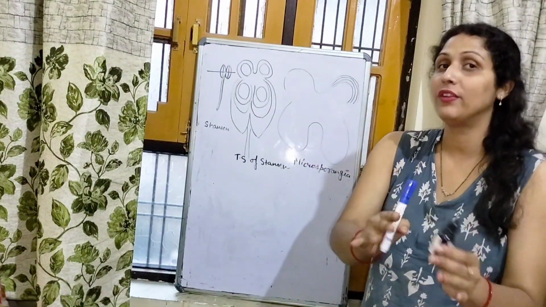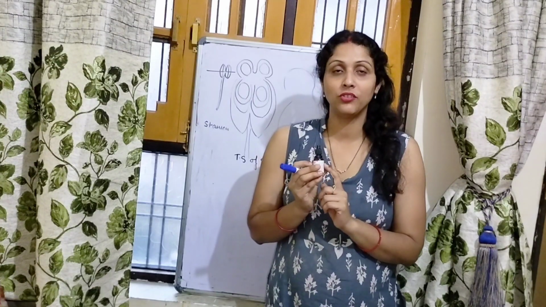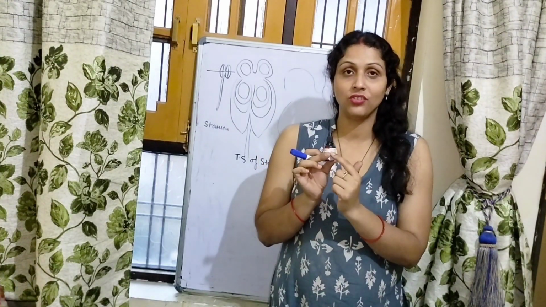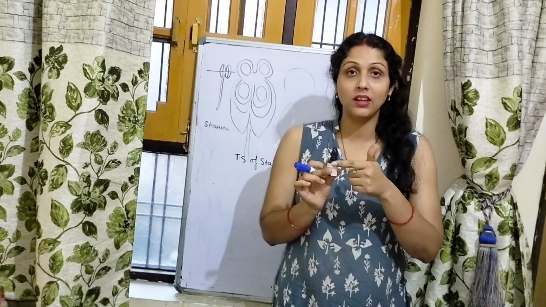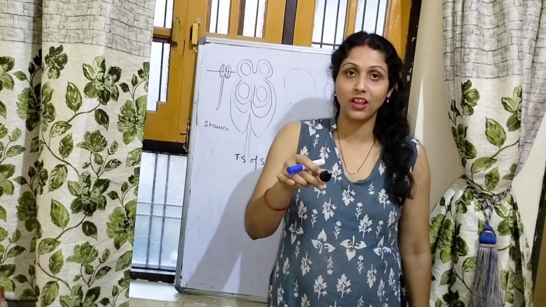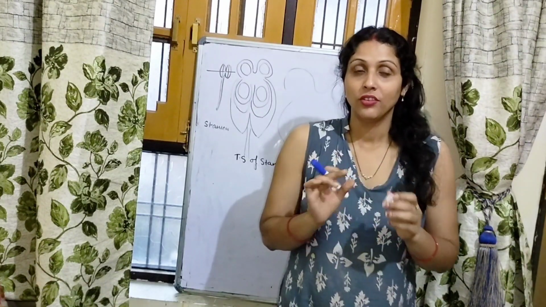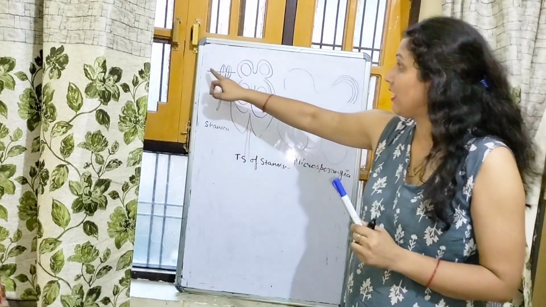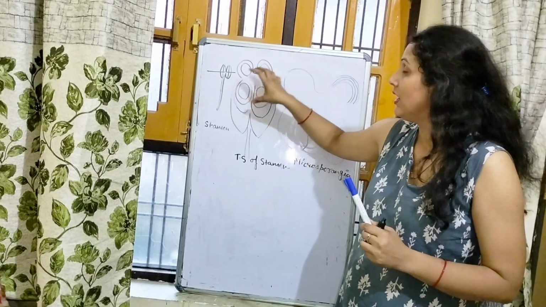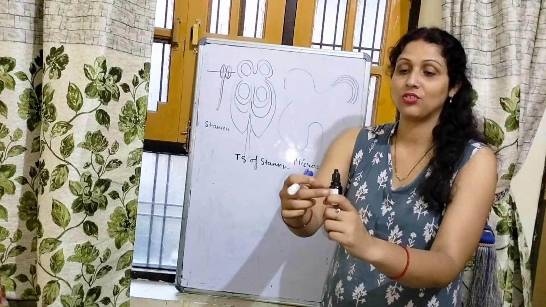What is the basic difference between these figures? Try to understand with this ink bottle. This is the 2D structure that you can see. Suppose I cut here as a transverse section, and if I show you like this, we will get the complete structure of this. Suppose this is the stamen and I cut from here and look at the 3D structure; simply, this is the structure of the stamen.